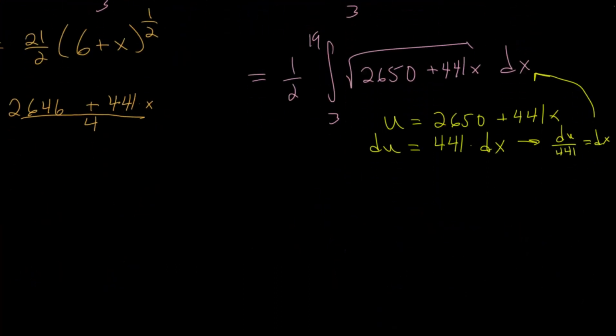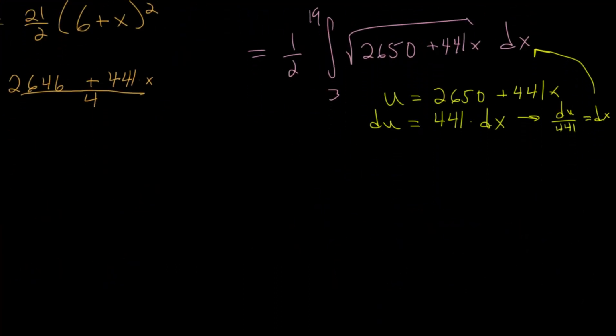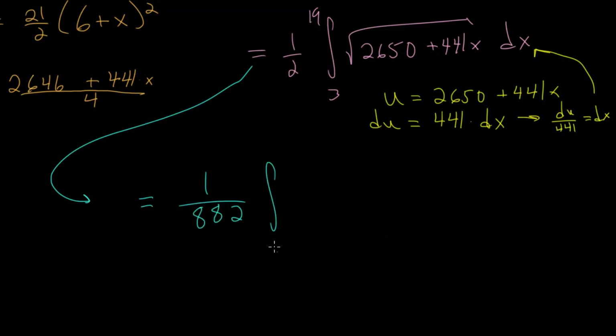So let's make more room here. This is quite a lengthy problem, but we are getting close to the finish here. This 441 will actually just come on the outside and will be in the denominator. So we have twice that, which would be 882. Now our bounds will change, but I will leave the bounds until the end.